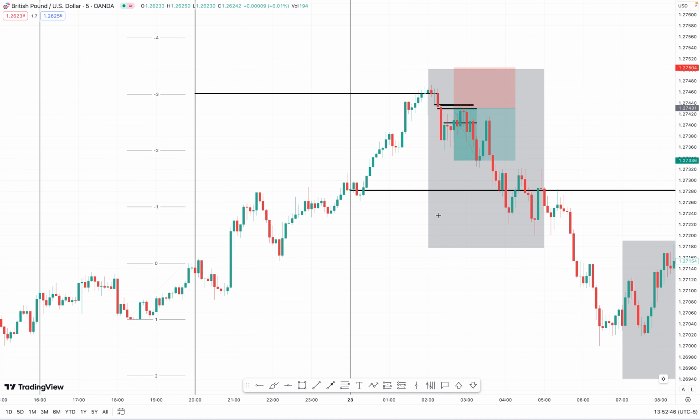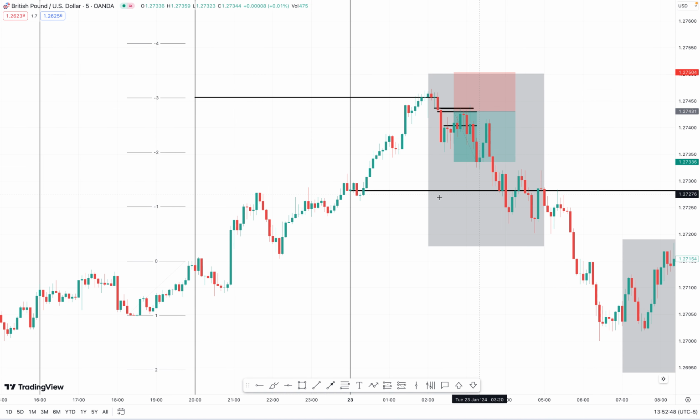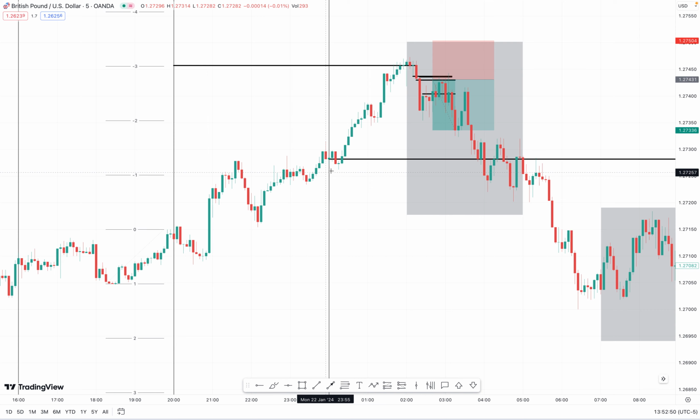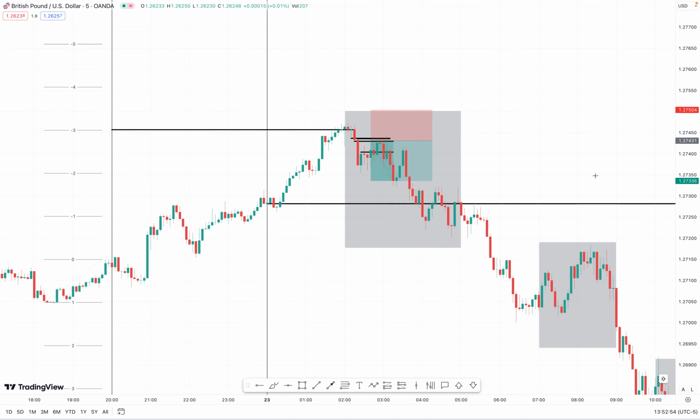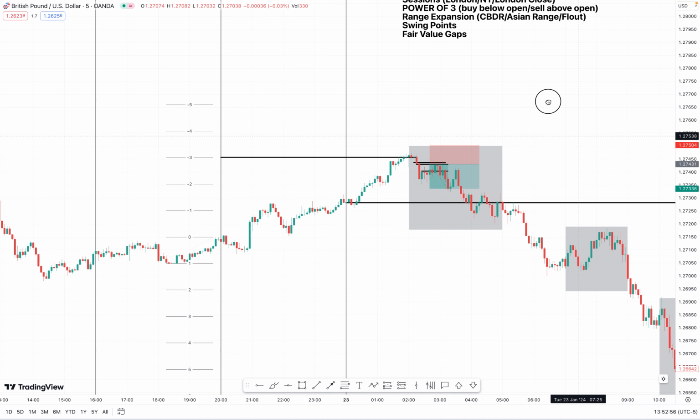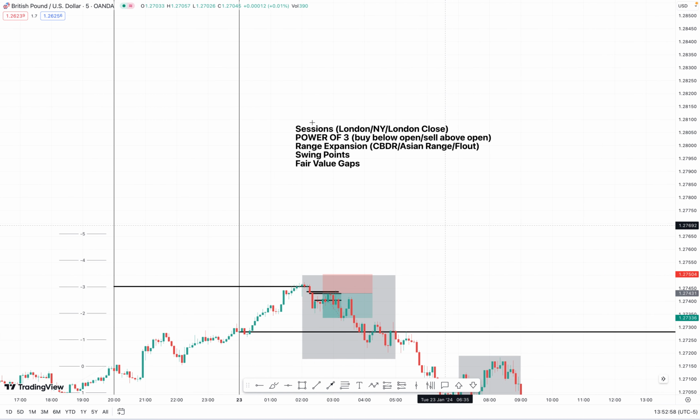And now your target, first and foremost, since we're trading a daily range, we'll go back to what we said over here. Sessions, power of 3, range expansions. These are just patterns of entry in price, or patterns that price is printing.